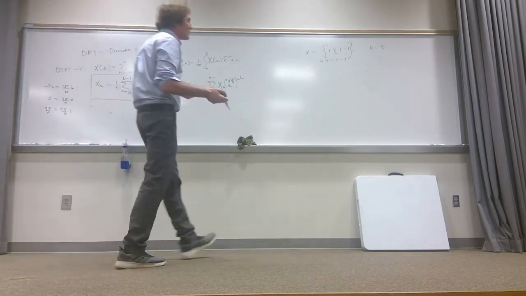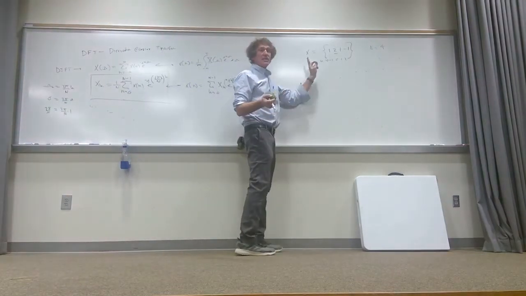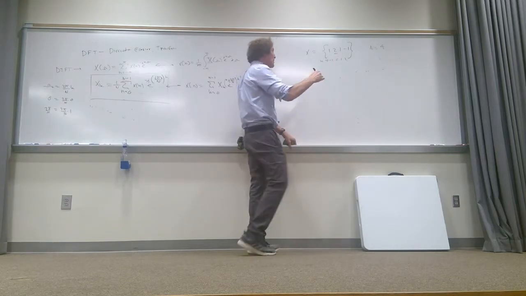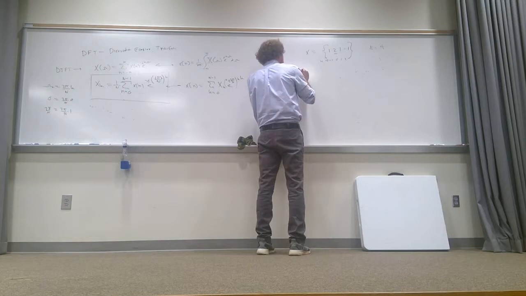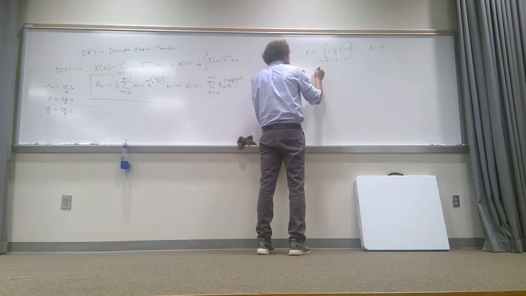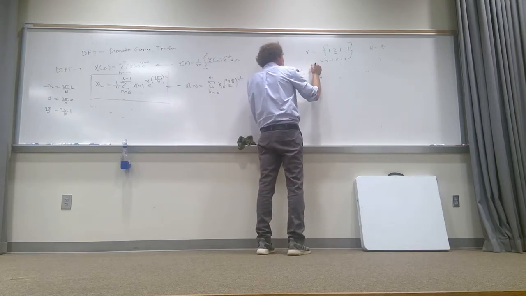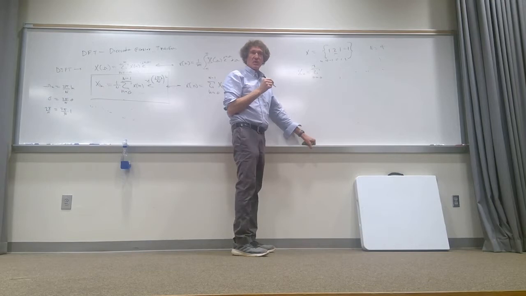Now, if we were going to do the DFT on this, we're going to do it just so you see it done. And it's straightforward. I first write out what it is. X of k is equal to the summation, right? N equals 0. How many points? 4. So it'd be 4 minus 1 or 3, right? N minus 1.